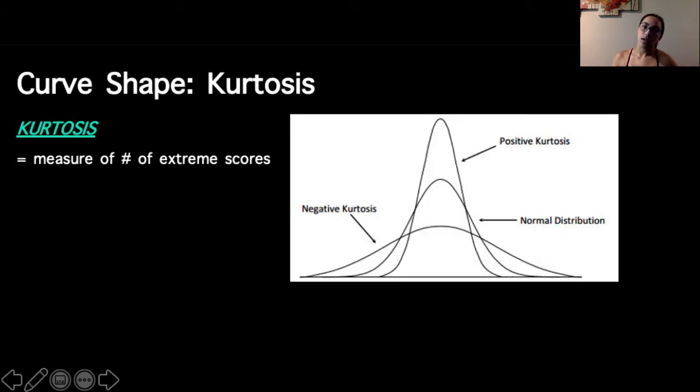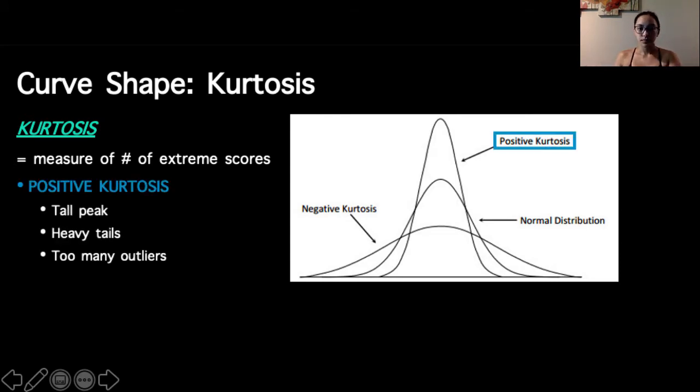Kurtosis is another way that we can describe curve shape, and this is looking at the number of extreme scores. So do you have a lot of them? It could be on one side, it could be on both sides, or do you have very, very few? Positive kurtosis, so let's orient ourselves. Our normal distribution is the one in the center, this one here. Positive kurtosis is going to be when you have a really tall peak and elongated tails out here.